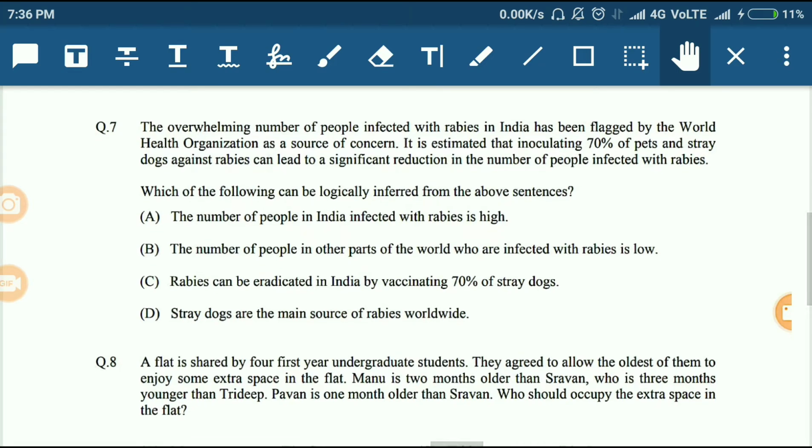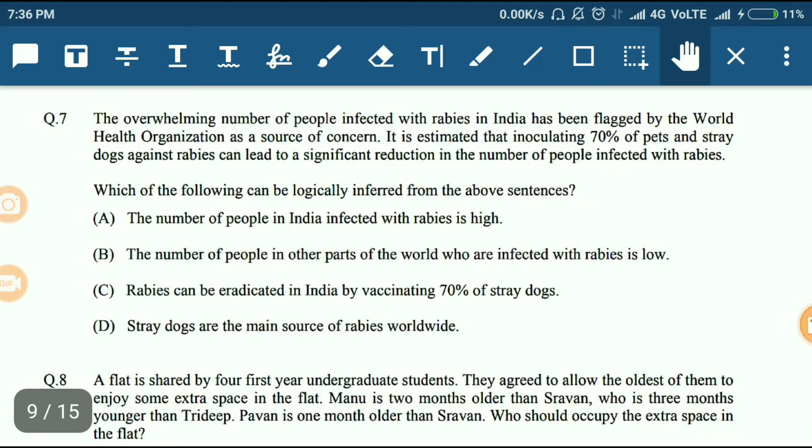So over here, as we know, rabies is mainly an infectious disease, and it occurs because of the biting of infected animals, and inoculation here means vaccination. So according to this paragraph, if the infected animals, pets and stray dogs are vaccinated, then even though they bite some person, he would not be infected with rabies.